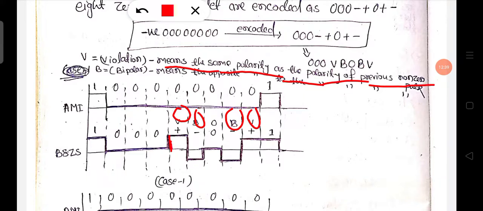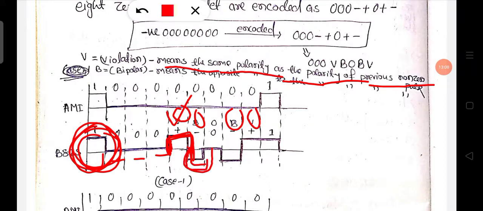This V is positive because the previous non-zero polarity, after the 0s, is positive, so V is positive polarity.